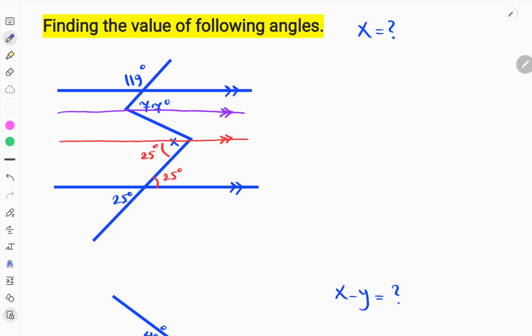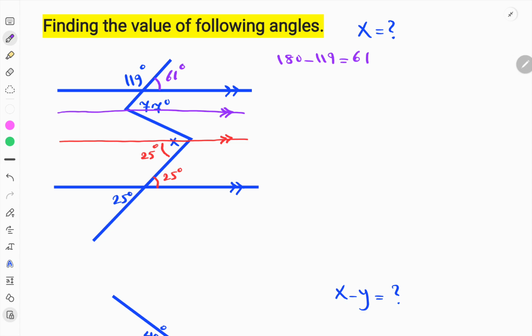Okay, and now we know that this is a straight angle and would be 180 degrees, and in order to find this part you should subtract 119 degrees from 180 because these two angles here and here are two supplementary angles and they add to 180, so 61 is the value of this part.